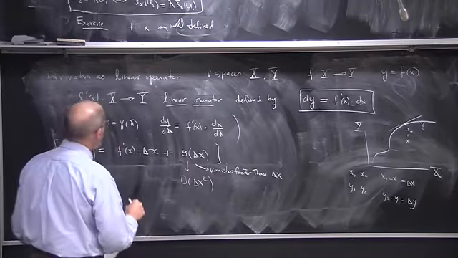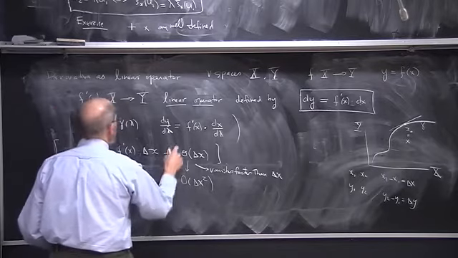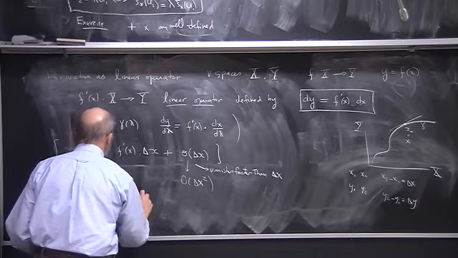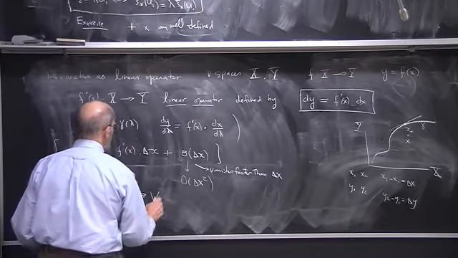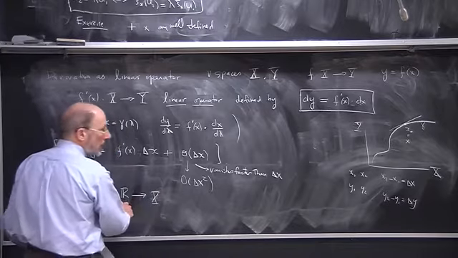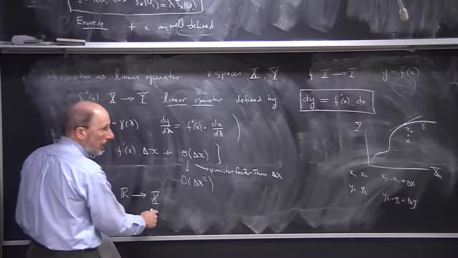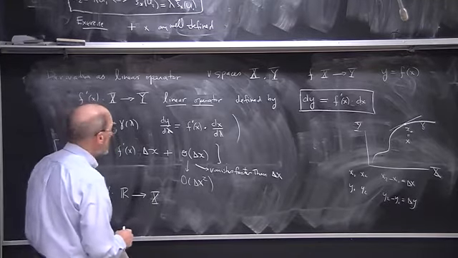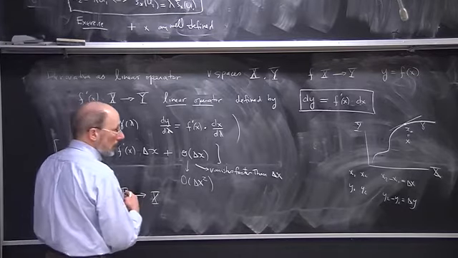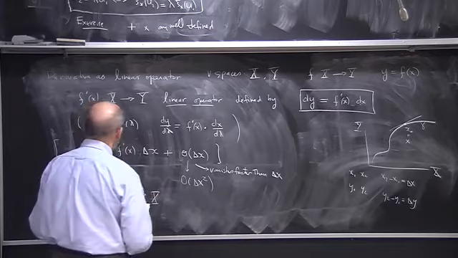So this is a special case. The curve is a special case of a map between two vector spaces. In this case, it's a map between R, which is a vector space, and x, which is also a vector space. In R, there's an easy measure of size, it's R itself.